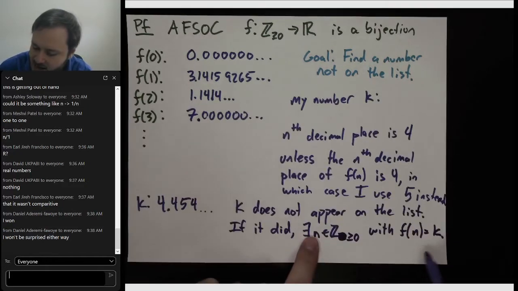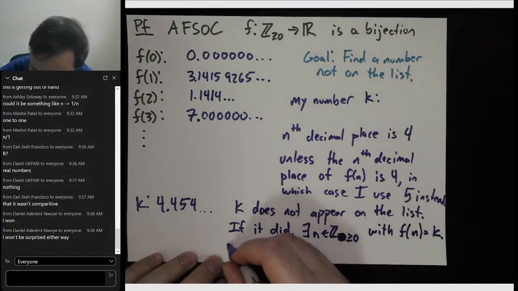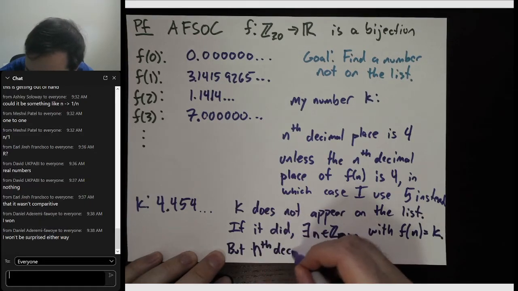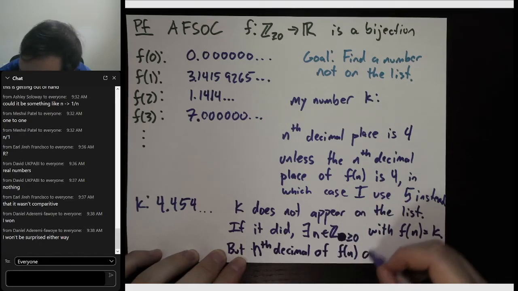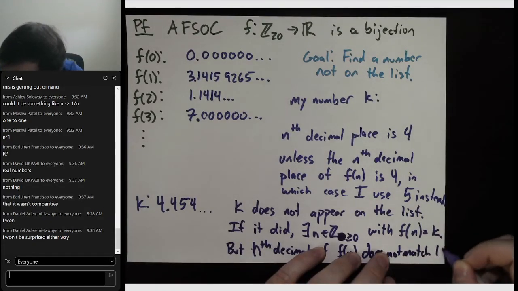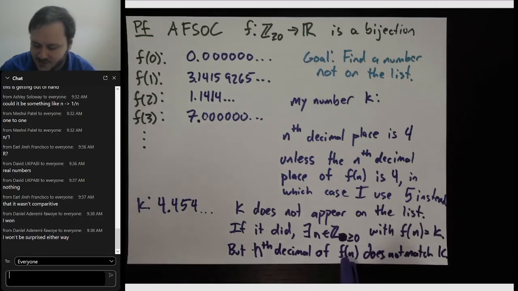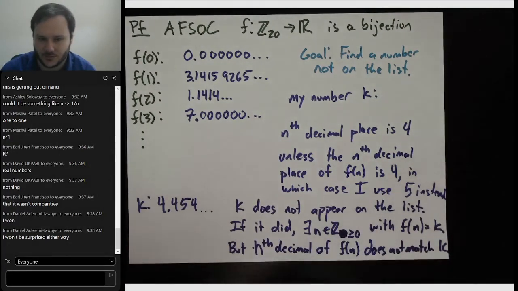But the nth decimal of f of n does not match k. So these two can't be equal because they have a different decimal value. Right? If f of n has a 4, then k has a 5. And if f of n doesn't have a 4, then k does have a 4.